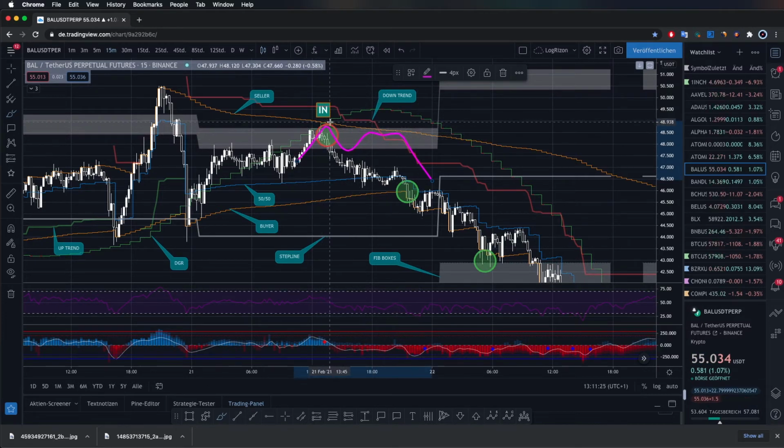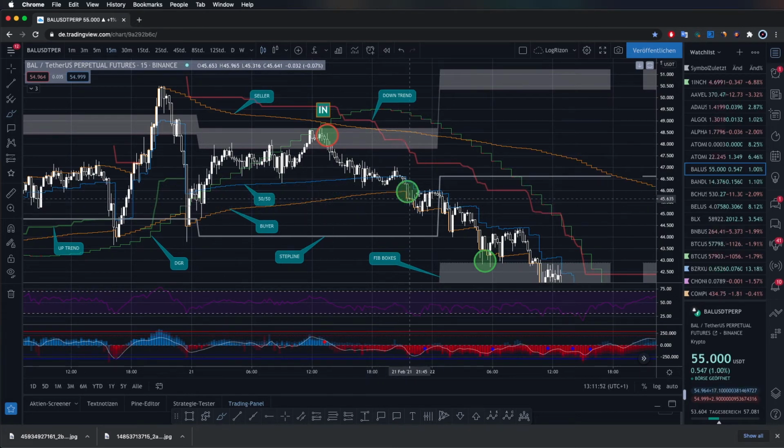But by not really reaching it and just reaching it the first time, being under the DGR, I went into the trade, but not with a very big position. But either ways, it was a good decision, because you see the price went down and now also broke this 50-50 and came the first time to my 15-minute time frame buyer line, this line.